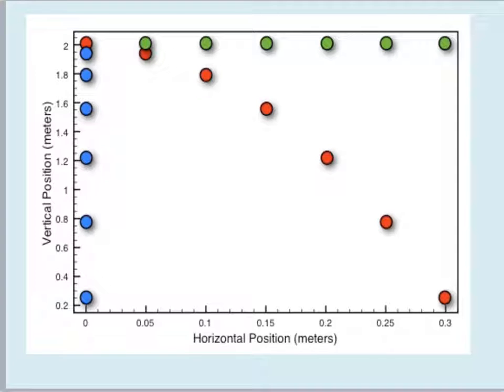So if we combine those two pictures, the horizontal component would be the green, and the blue would be the vertical component. And we notice when we combine these together, we see these red balls.